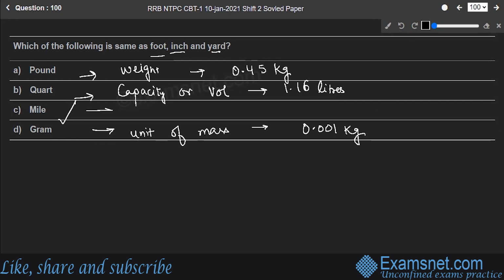Okay, so mile, this is the unit of length, similar to foot, inch, and yard. So if we talk about this in more detail, 1 foot is equal to 12 inches. 1 yard is equal to 3 feet or 36 inches.